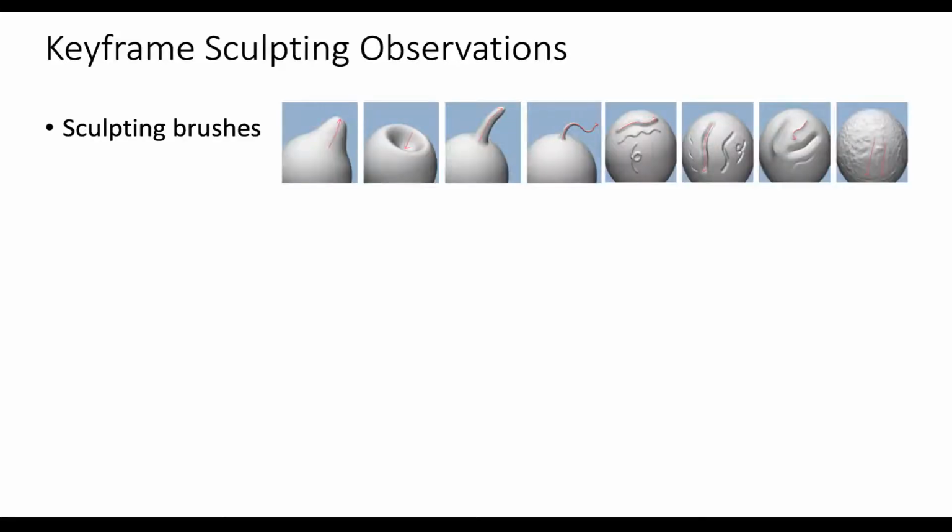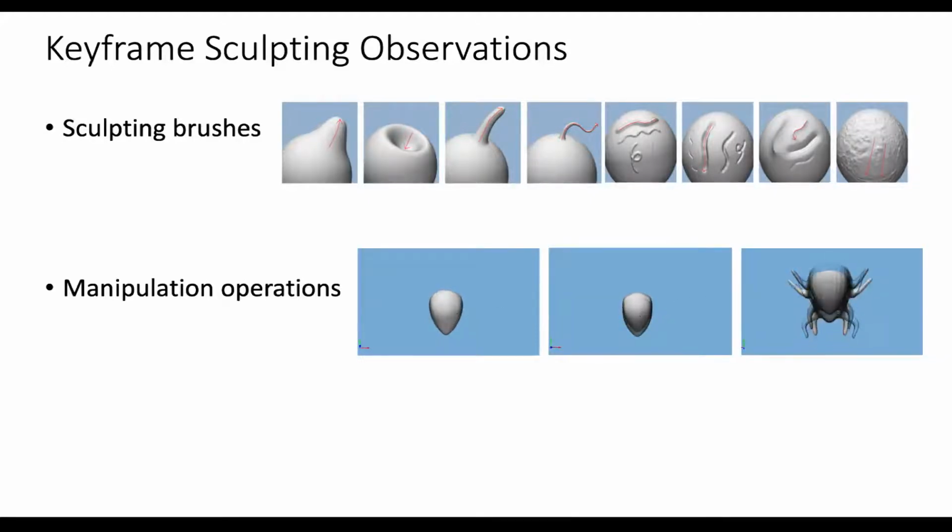Here we discuss our method on keyframe sculpting workflow analysis and synthesis. At the very beginning, we need to observe the general keyframe sculpting carefully to distill the common practice. As we see in the introduction video, keyframe sculpting process involves multiple types of operations, including various sculpting brushes such as drag and grab, manipulation operations such as translation, rotation, and scaling.